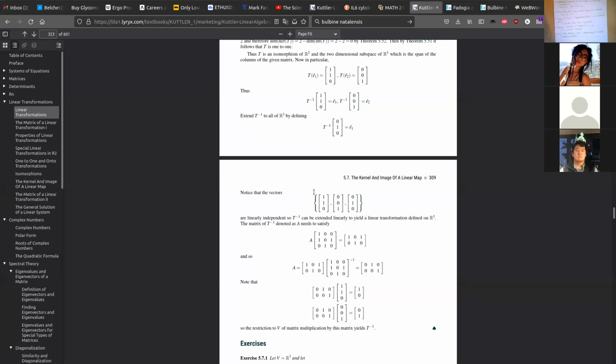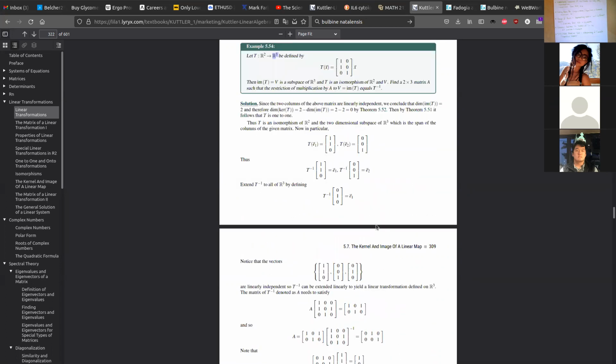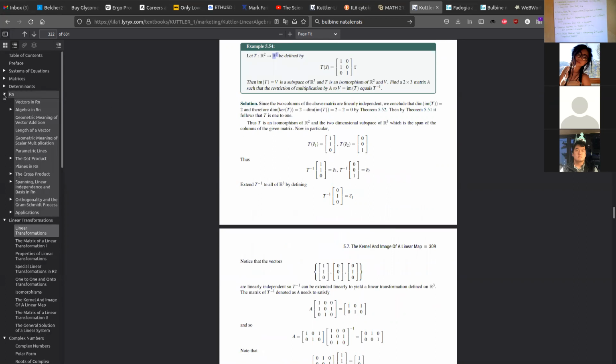Once you have that, you can come up with a matrix A that will represent the inverse of T when restricted to the image. So pretty much one of the hardest things in this section. I kind of like this problem. I think it really ties in a lot of the concepts of kernels, images, and inverses all together, as well as these concepts from the last chapter.